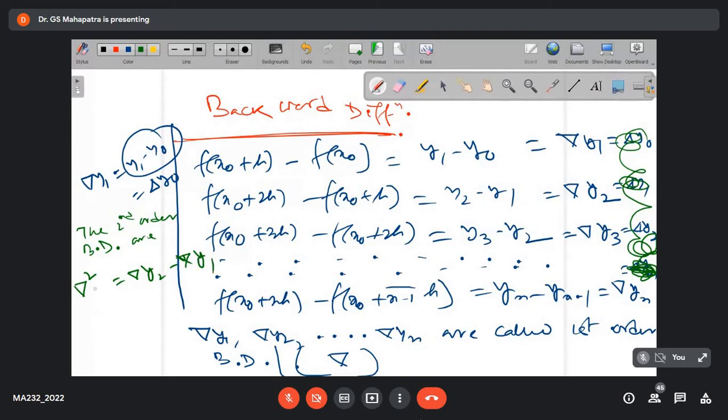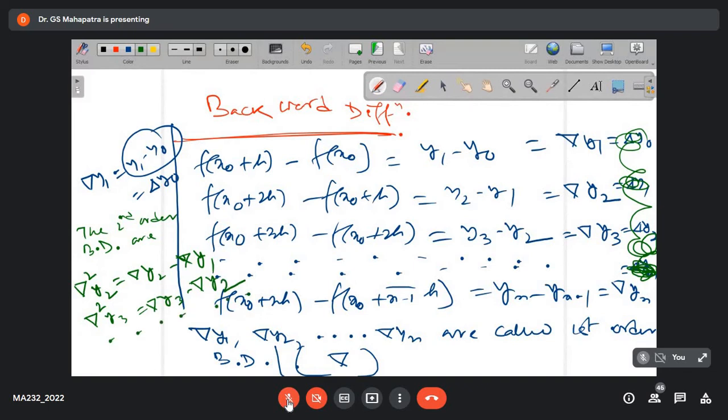I have not written something here, so this question mark is actually missing. You have to write something here: nabla 2 y2, yes, correct. Then nabla 2 y3 is nabla y3 minus nabla y2, and so on.